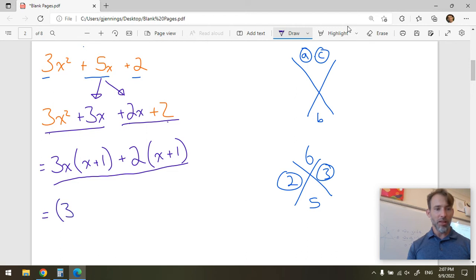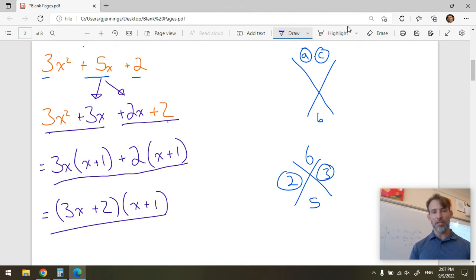I will have 3x plus 2 left over, and x plus 1 factors out of both. This is my final factorization, and it's what gave me those two roots that are close together. Here, when x is negative 1, this one is 0. When x is negative 2/3, this one is 0. And so that's how you do that.